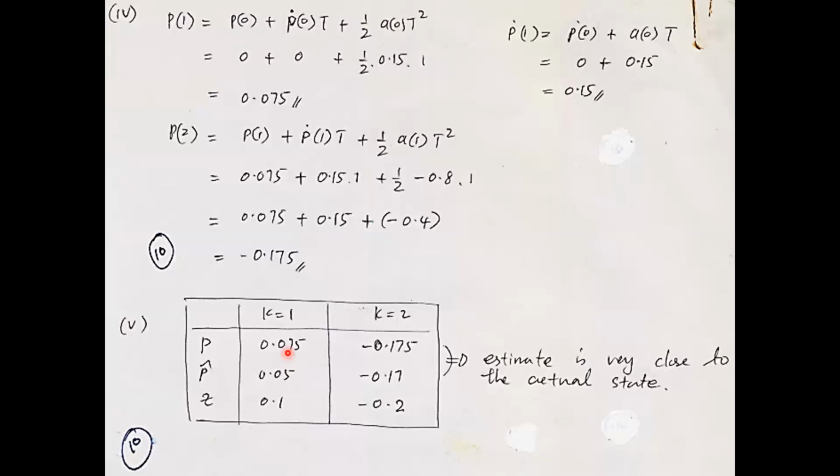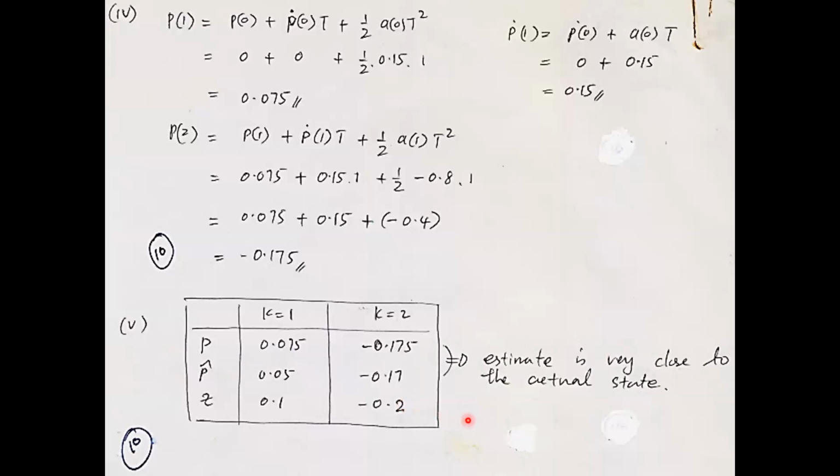And when k equals 2, you substitute again what you know and calculate the true value, that is minus 0.175. So now in this table, you have very important information: the true position, the Kalman filter estimate, and the sensor signal.